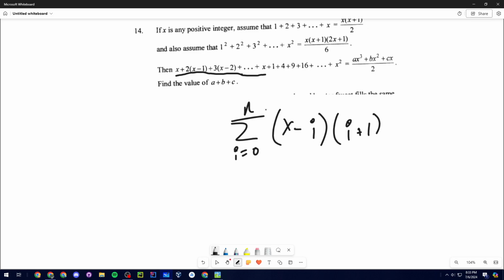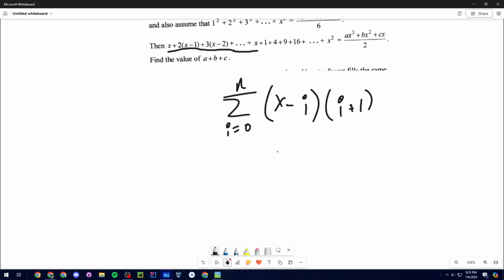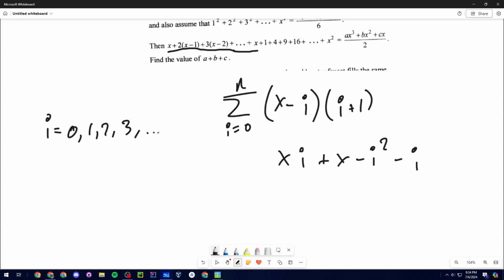So now what? Basically, this just turns into xi plus x minus i squared minus i. Okay, and now i is just a variable that goes from 0, 1, 2, 3, all the way up to n.